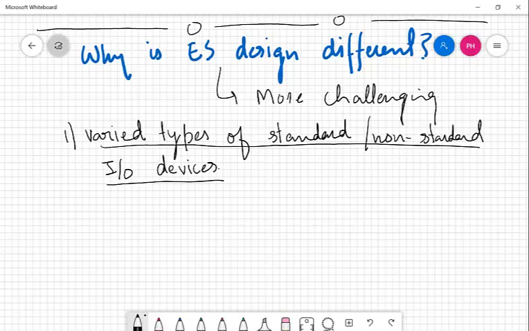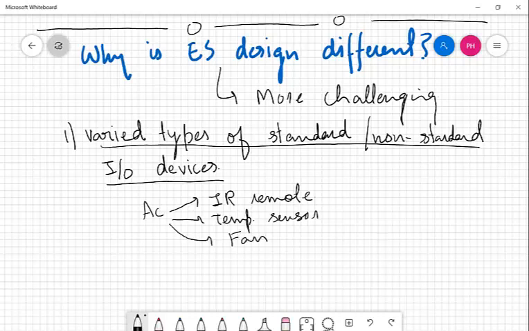In the case of an AC, the input device is our IR remote and also a temperature sensor. Output is maybe a fan or a cooling or heating rod. Also an LCD.